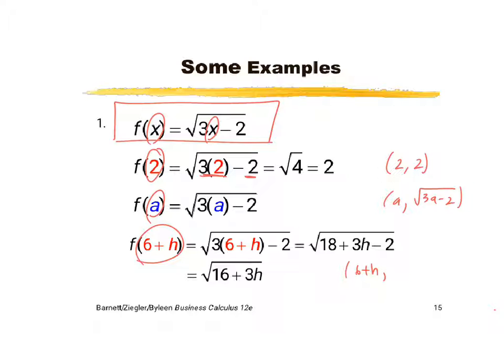So when x is 6 plus h, my corresponding value of y is found by plugging in the quantity 6 plus h in where the x was. And so I'll have 3 times 6, which is 18, plus 3 times h, 3h. So I get 18 plus 3h minus 2. If I simplify that, 18 minus 2 gives me 16. And so my corresponding y value is the square root of 16 plus 3h.